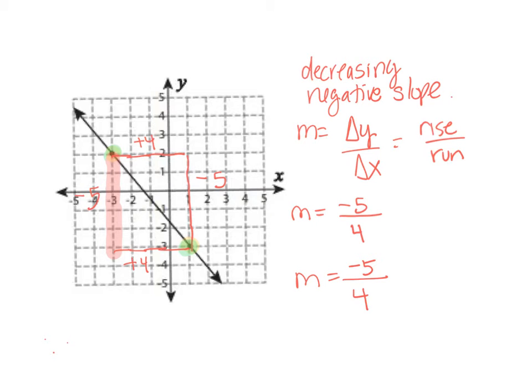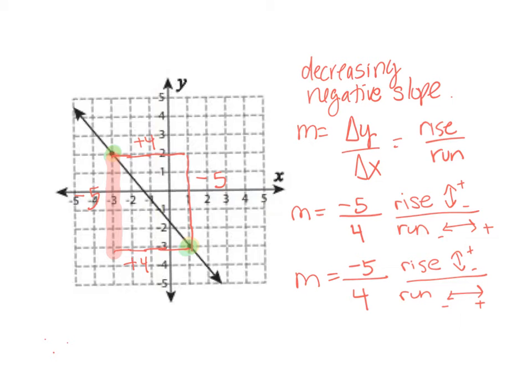So you see that as long as we count between the same 2 points, and we simplify our answer, and we make sure that we know that the numerator is always representing the rise, which is the number of spaces up or down, up moves being positive, down moves being negative, and the run is in the denominator. The run is the number of spaces right or left, right being positive, left being negative.